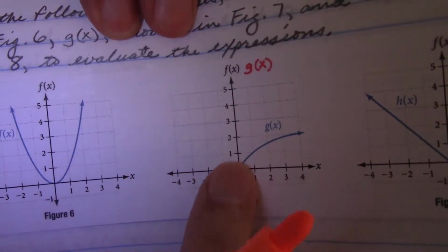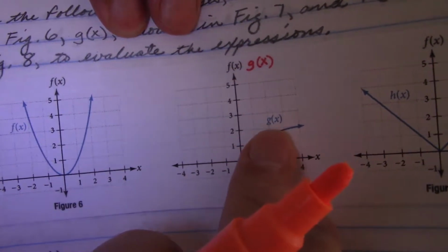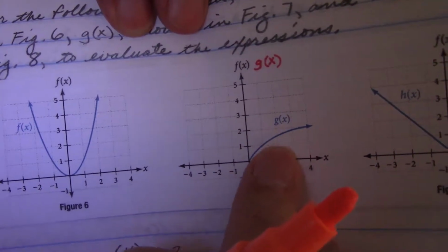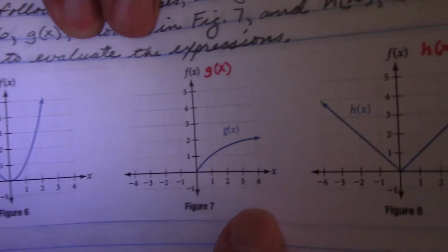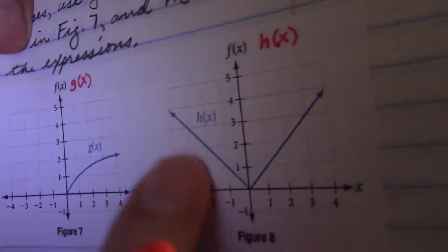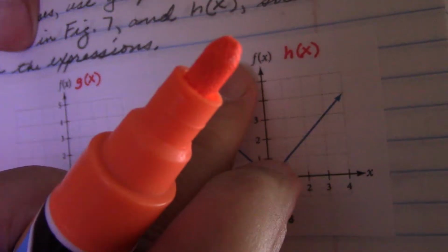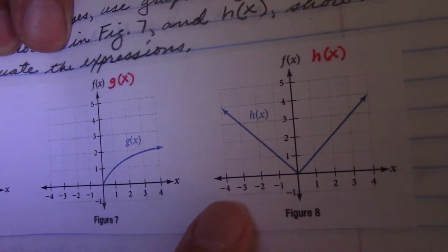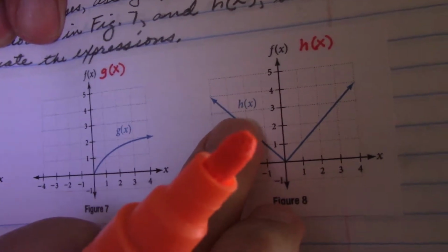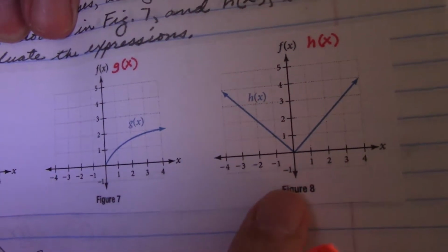It should be labeled g of x, okay? They did label the graph g of x right there, so that's good. Figure 7, and then figure 8 should be labeled h of x instead of f of x on the y-axis. But they do have it labeled correctly on the graph, h of x, alright?